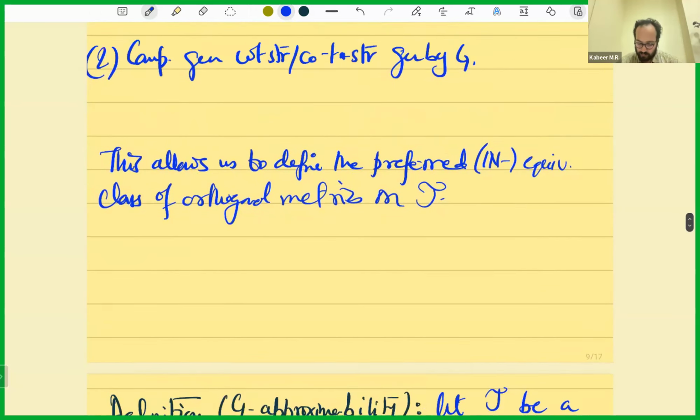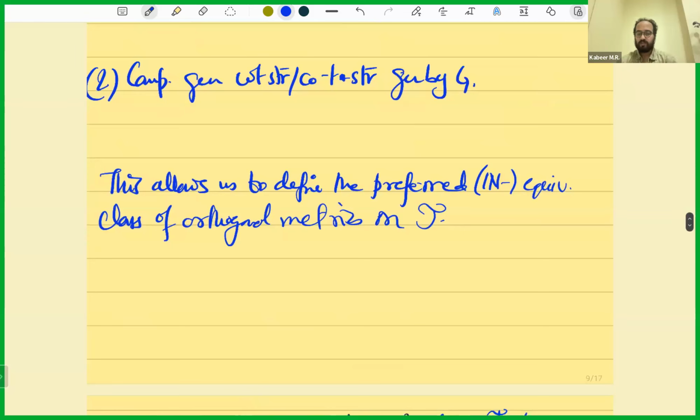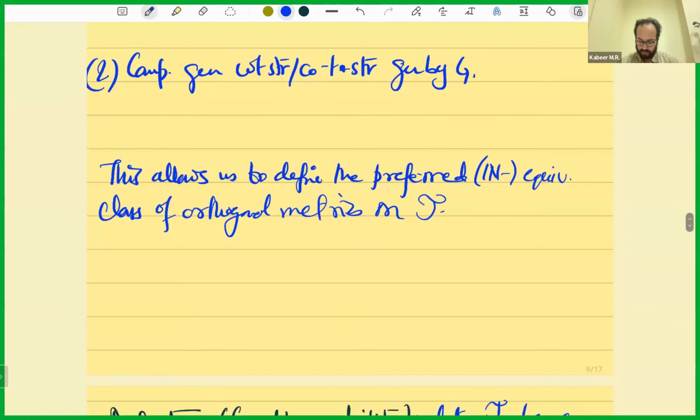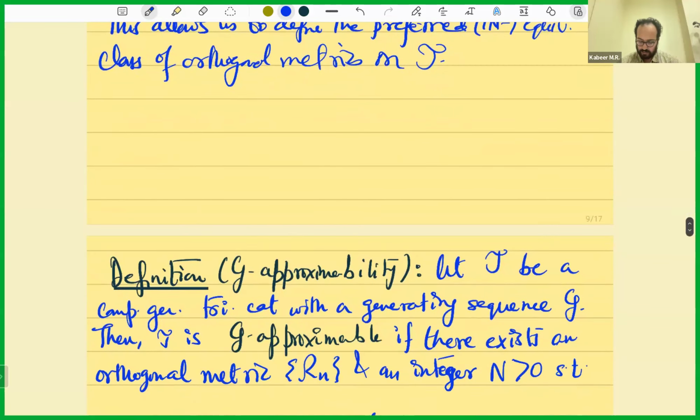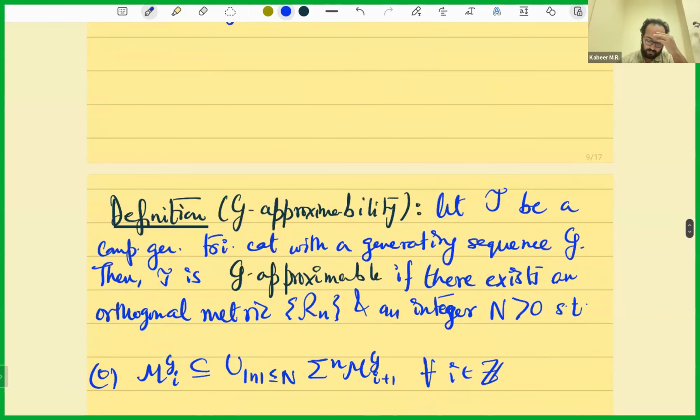So we can move on now to the formal definition of a G-approximable triangulated category. Again, do stop me if there are any questions at any point. Okay, so here is the definition of a G-approximable triangulated category.